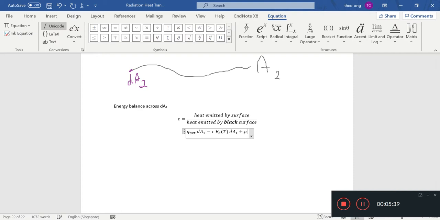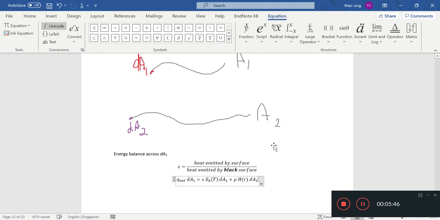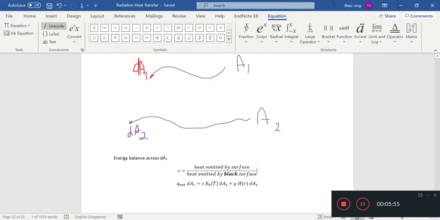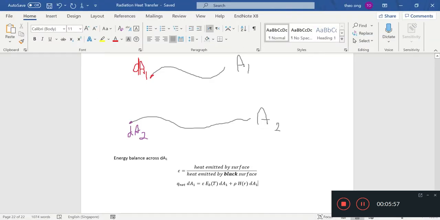So I'll just put rho HR dA1. HR is whatever incident radiation is coming in, and the portion that is reflected out is rho HR. Hopefully that is pretty simple and straightforward. So for a diffuse gray surface, this is the characteristic formula.